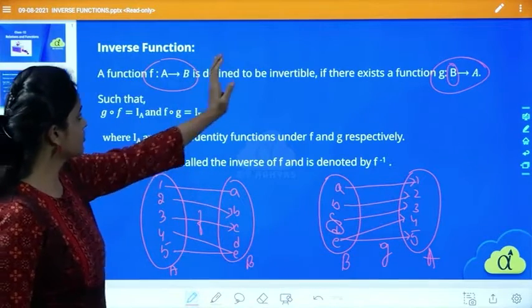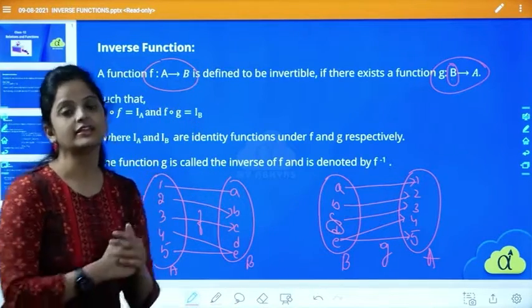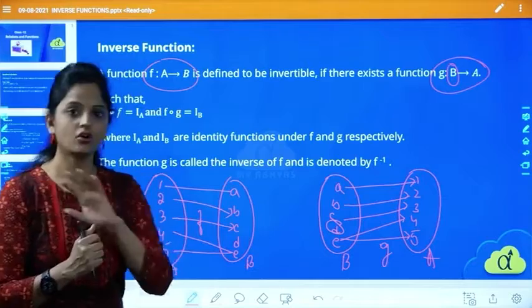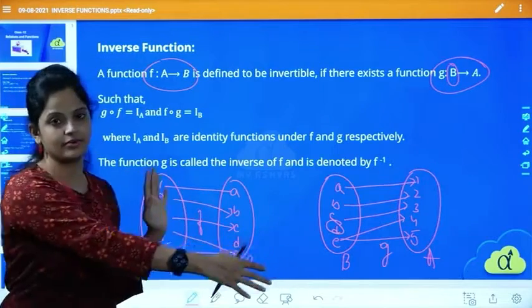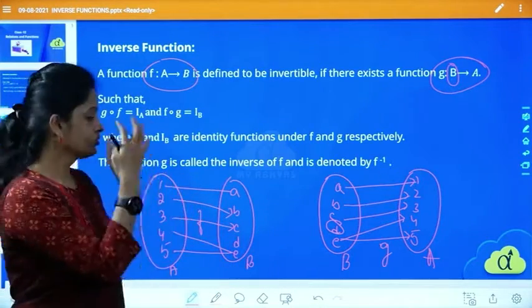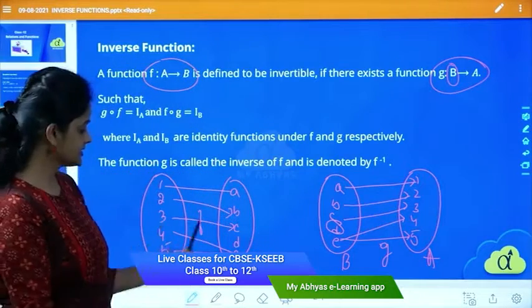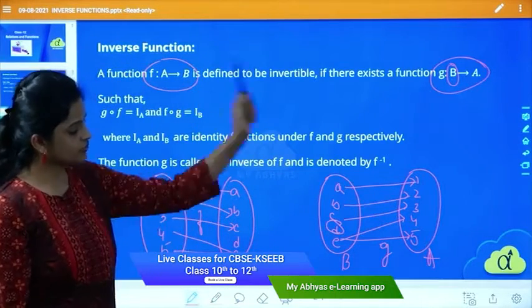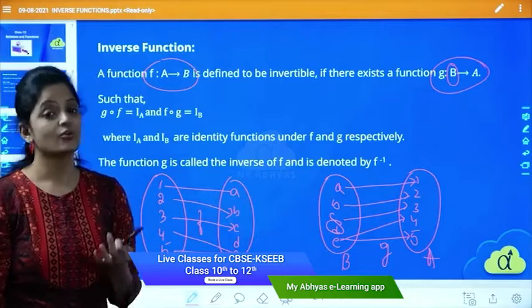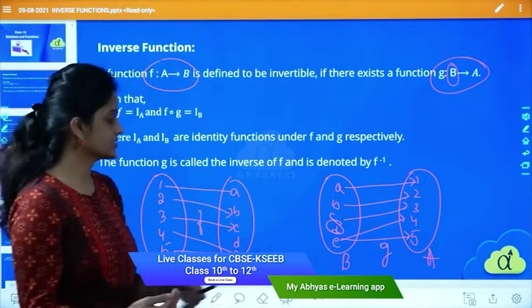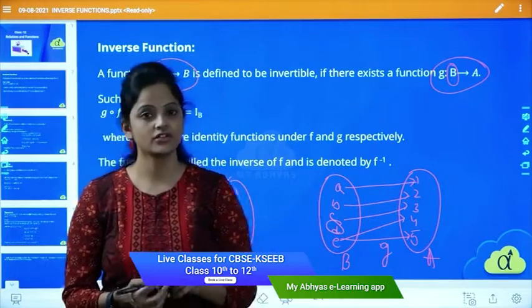But when you are talking about the inverse function, when can it be an inverse function? Not all functions. By seeing this example, you can easily tell that not all functions can be inverse functions, correct? This is a function, of course, but if you reverse it, it is not a function. Why is that so? Because it is not satisfying the condition that a function has.